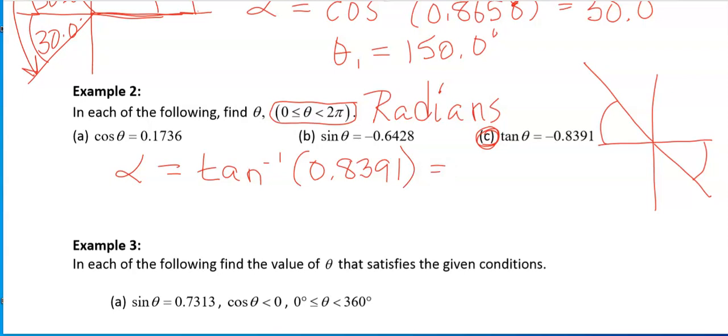You can type it into yours as well. 0.8391. And I get approximately 0.6981. Now that's radians, remember. So if I round that to 2 decimal places, that will become 0.70 radians.